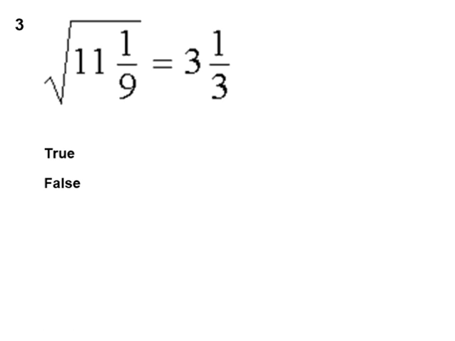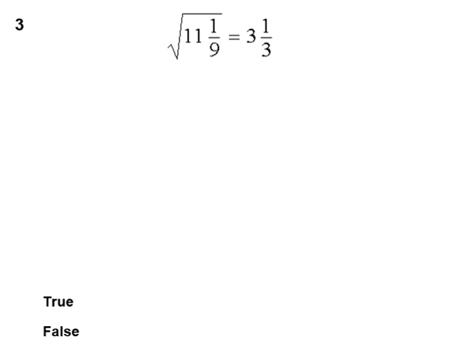Question 3. Now here we have the square root of a mixed fraction. The square root of 11 1/9 is equal to 3 1/3. When we have mixed fractions, we always said it's easier to find the square root of an improper fraction, which would be 100 over 9. Once we have it in this form as opposed to mixed, we ask what fraction multiplied by itself is 100 over 9?